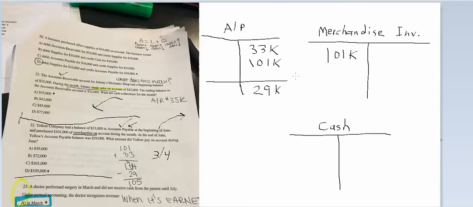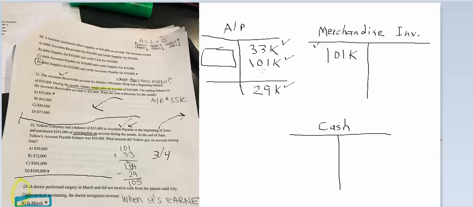All you've really got left now is to back into what this is, because you've been given the three and you put them in the correct place. You got the beginning balance, you got the ending balance in accounts payable, and then you correctly identified that when you purchase merchandise on account during the month, you have more merchandise. So there's your debit to the asset. Here's your credit to the liability. Remember, both sides of this equal sign have to be equal, obviously.